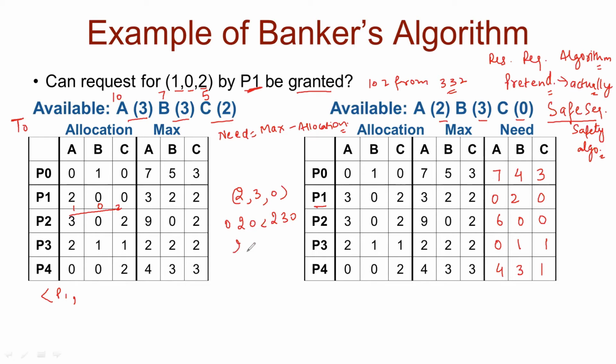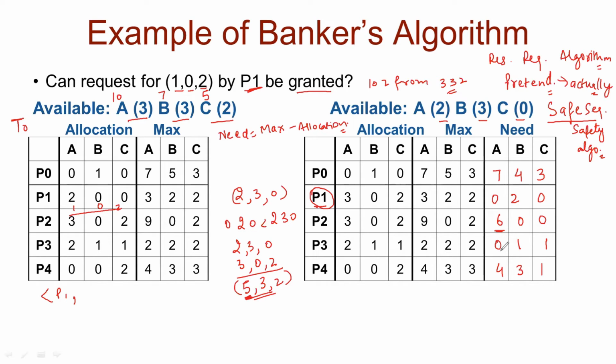Adding up the resources, which is 3, 0, 2, the available now becomes 5, 3, 2. Now P1 is done. Next is P2. Can we fulfill the need of P2? No. The need of P2 for A is 6, however there are only 5 instances of A available right now. So P2 must wait.